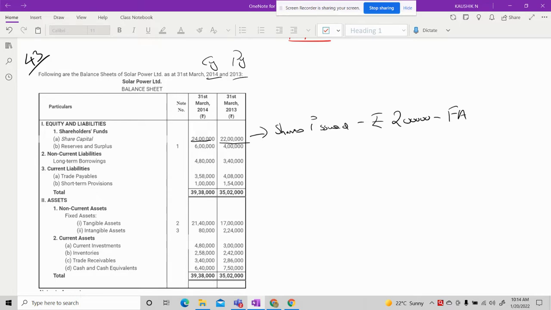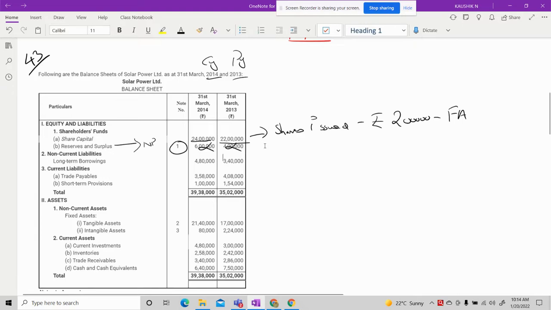Now come back to the next adjustment. The next item, reserves and surplus. This denotes the net profit, the starting point for any problem. But you have a note number for reserves and surplus, so you are not supposed to consider the value given in the balance sheet.